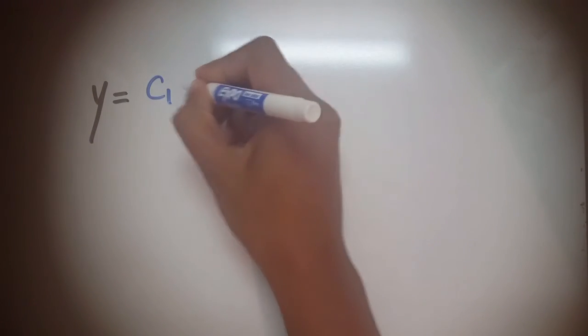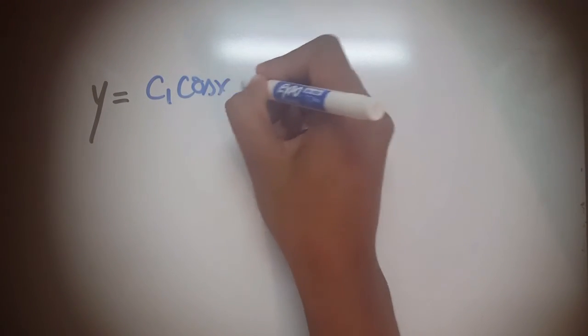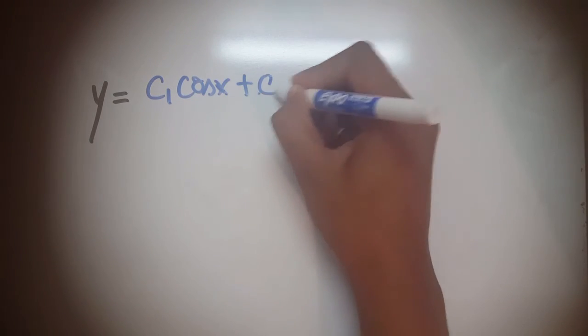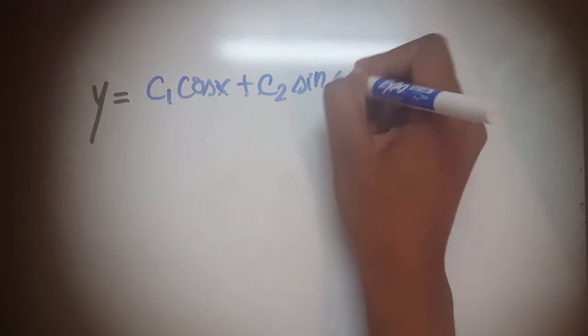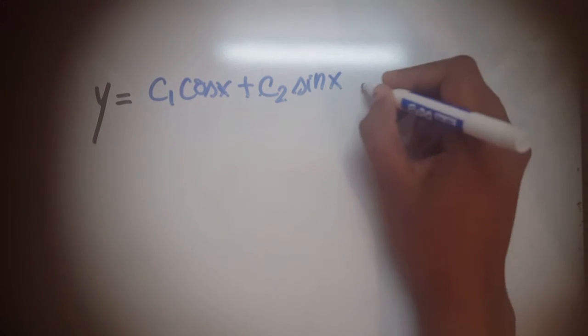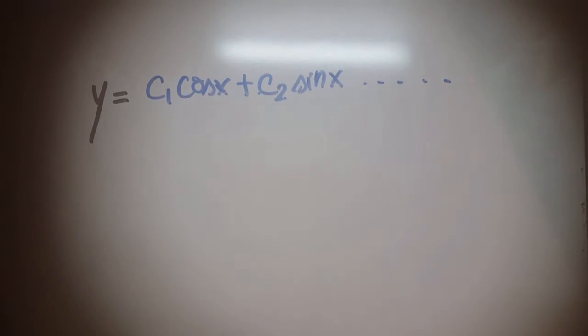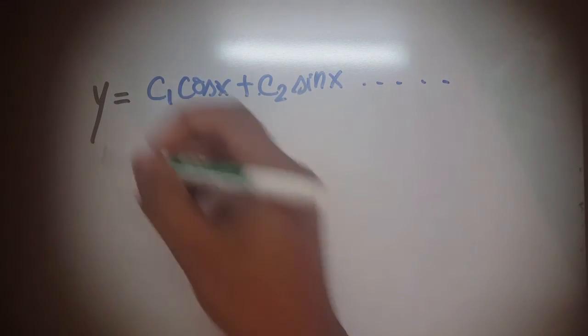And our final answer will be y equals, our y sub c was c1 cosine of x plus c2 sine of x. Let's move on to the next line due to lack of space.